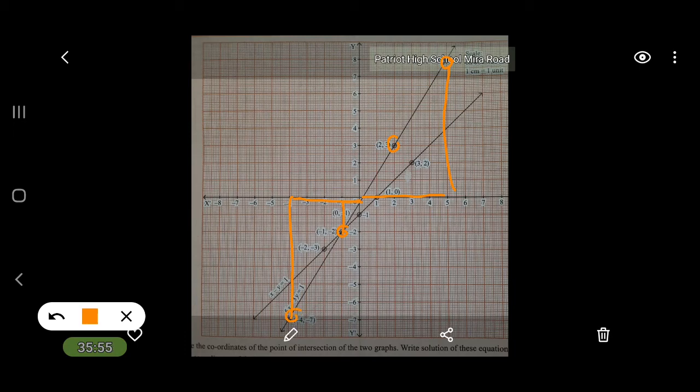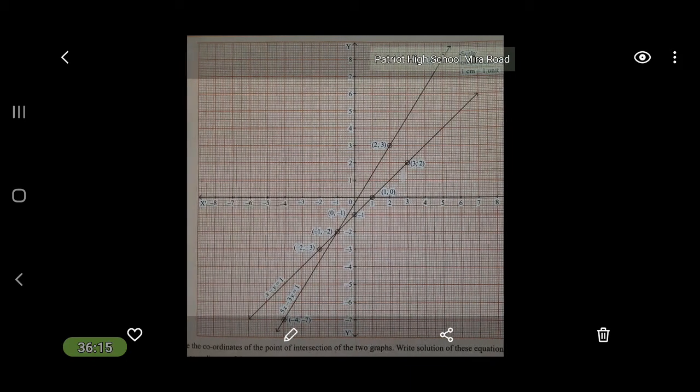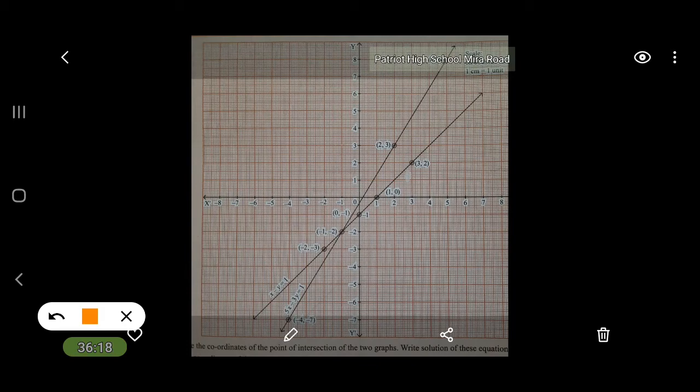So you join these 4 points, and you get the line for equation 5x minus 3y is equal to 1. And the intersection of these two lines is this point. So this is the solution. We have x is equal to minus 1 and y is equal to minus 2 as the solution of this equation.